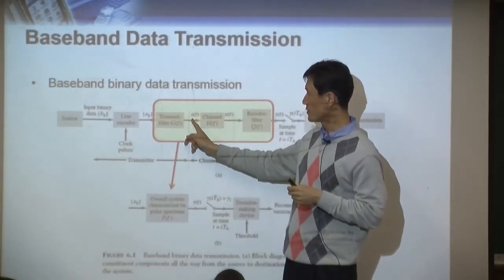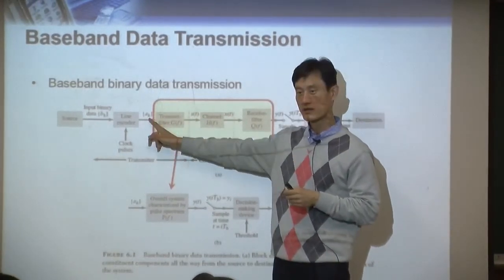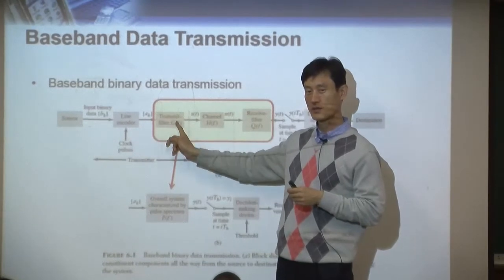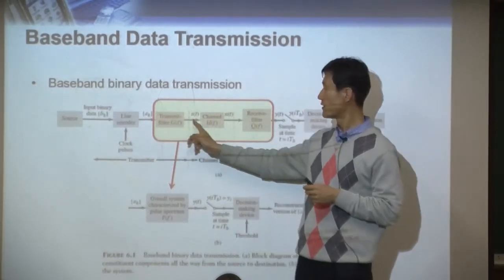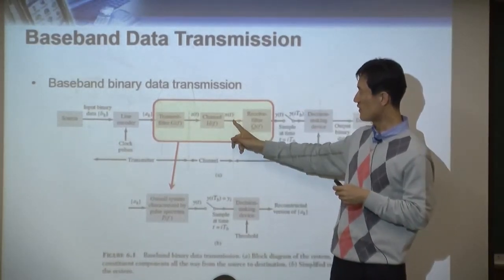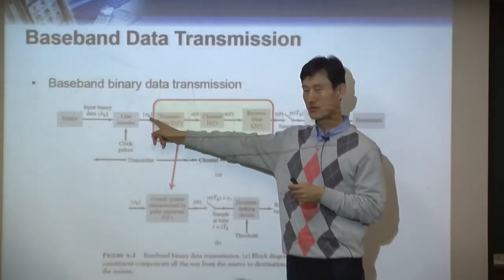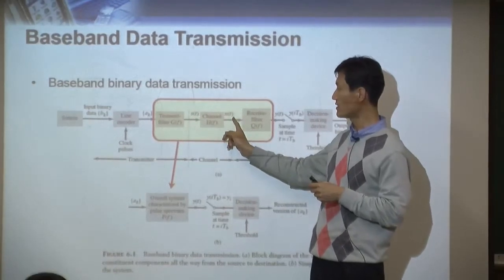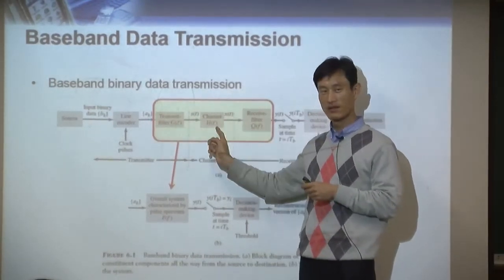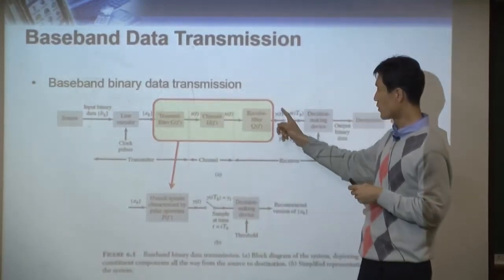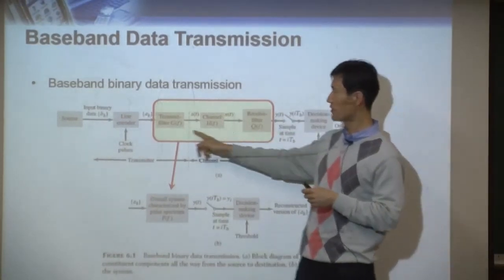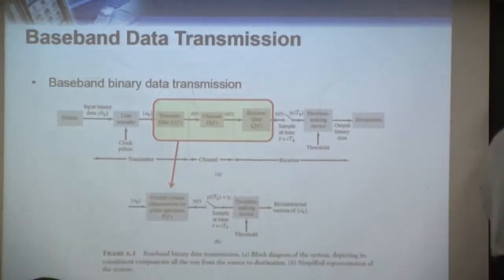ST equals the convolution of these two, the input and this one. Now XT is a convolution of these two, but this ST is a convolution of these two. So therefore, this XT is a convolution of the whole thing. Same way, here, YT is a convolution of the whole thing. Do you understand what I'm saying?